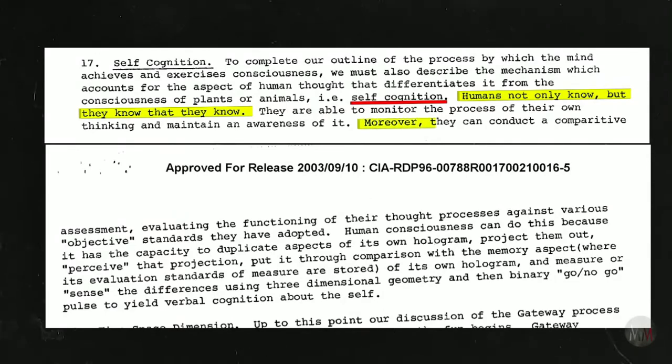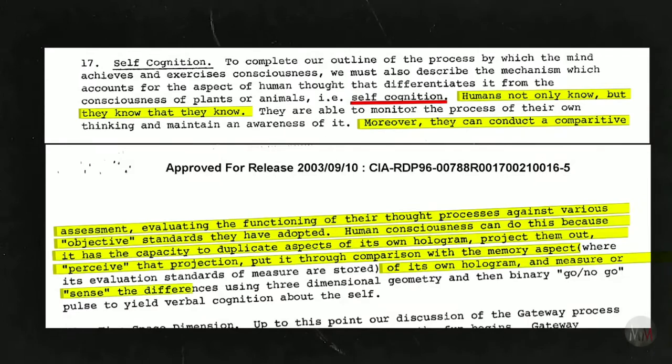Moreover, they can conduct a comparative assessment, evaluating the functioning of their thought processes against various objective standards they have adopted. Human consciousness can do this because it has the capacity to duplicate aspects of its own hologram, project them out, perceive that projection, put it through comparison with the memory aspect of its own hologram, and measure or sense the difference using three-dimensional geometry, and then binary go, no go, pulse to yield verbal cognition about the self.